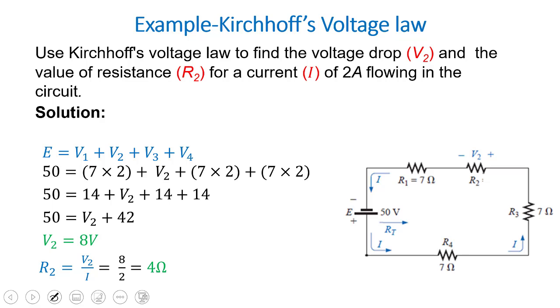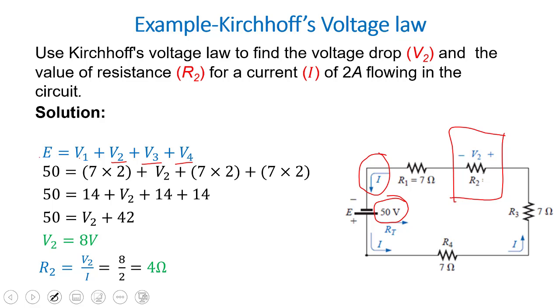An example on Kirchhoff's voltage law: we are required to find the values of V2 and R2. In order to do that, we know the value of I, which is 2 amperes. We know the value of E, or the power supply, which is 50 volts. We're going to say that E is equal to V1 plus V2 plus V3 plus V4.